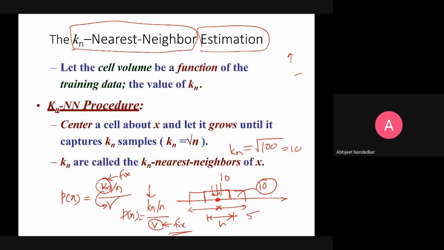Exactly the reverse is the case in KNN, where we fix the neighbor count, and then we fit a volume. Depending on the situation, we grow it. So we start with a small volume and then we try to grow it so that so many samples fall into it. Ultimately, probability density is calculated in the same way. There is no change. The only change is how you approach the problem.